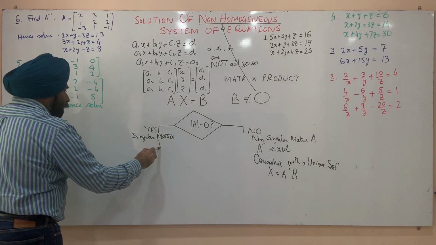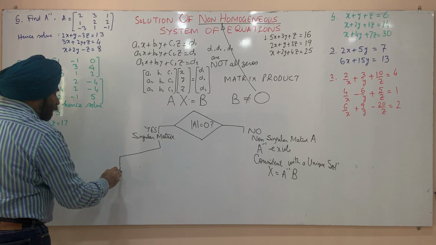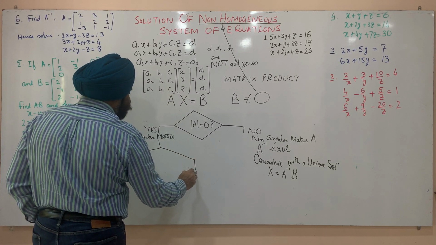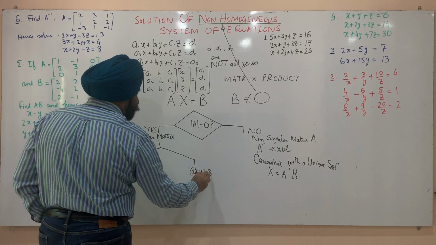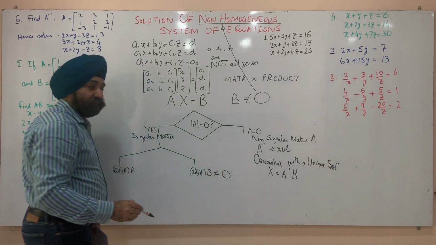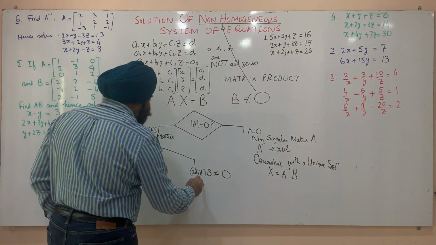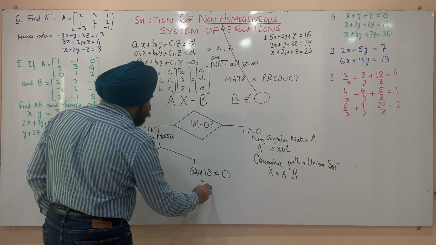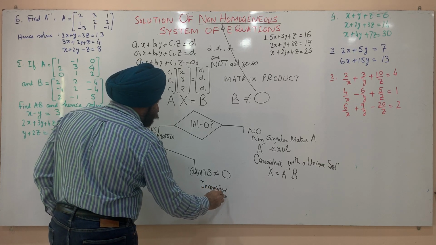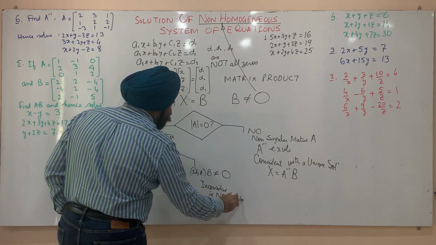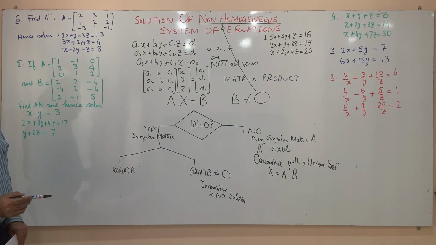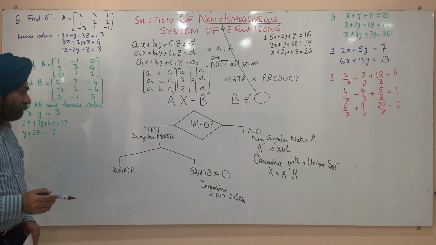So next we find out adjoint of A into B. If adjoint of A into B is not a null matrix, then the system of equations is inconsistent. That is, there is no solution. Obviously, we don't proceed beyond this point. We simply write the system is inconsistent, that is, there is no solution.